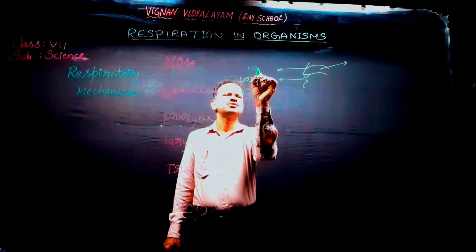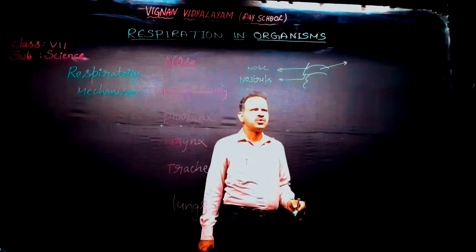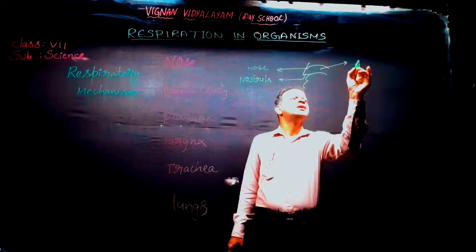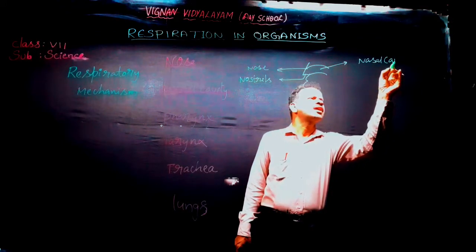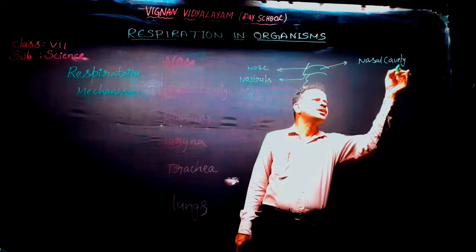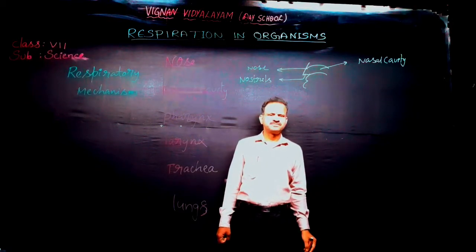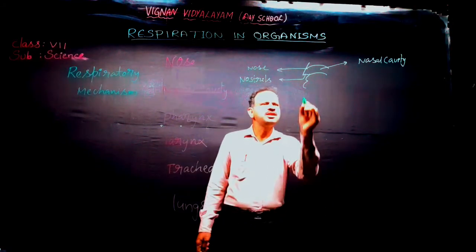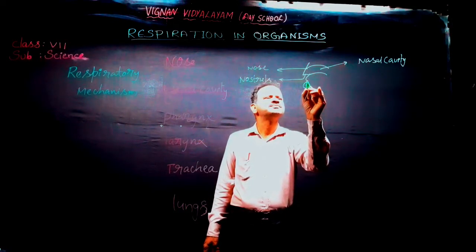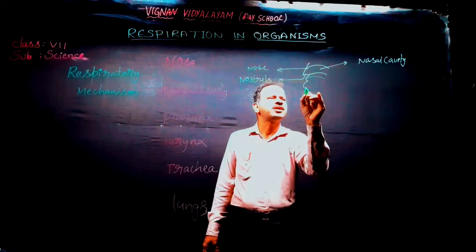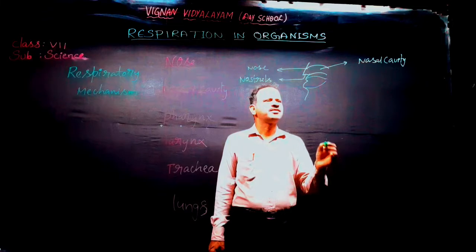This is nose and these are nostrils. Okay, children, this is called nasal cavity. Cavity means hollow space. The cavity inside the mouth is called oral cavity or buccal cavity.